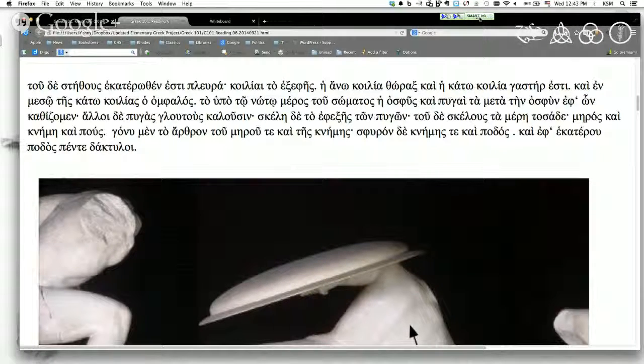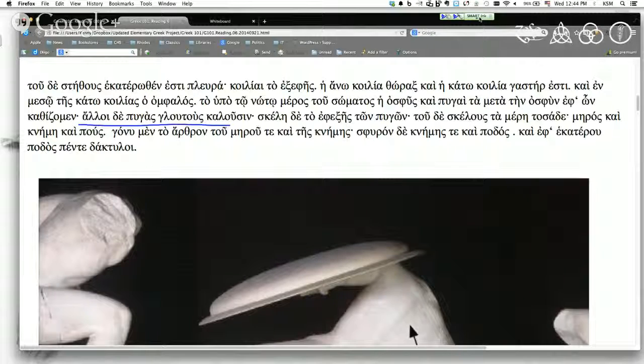Here we are. Okay, so here we go. Paraphrase parakalo, Melanie. All? Oh, not all, that would be pantes. Others. Okay, so we've got number, case, and gender.